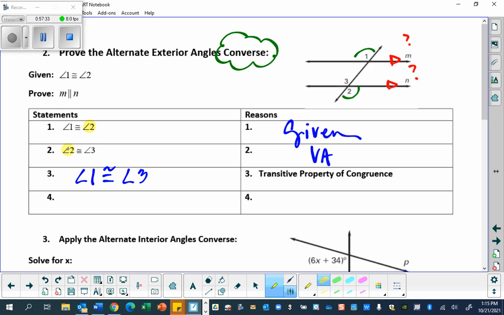All right, so now through vertical angles and through my transitive property, you can see I ended up with angle 3 and angle 1 congruent. What's the so what, now what? Why do I care about that? What do you think, Rachel?